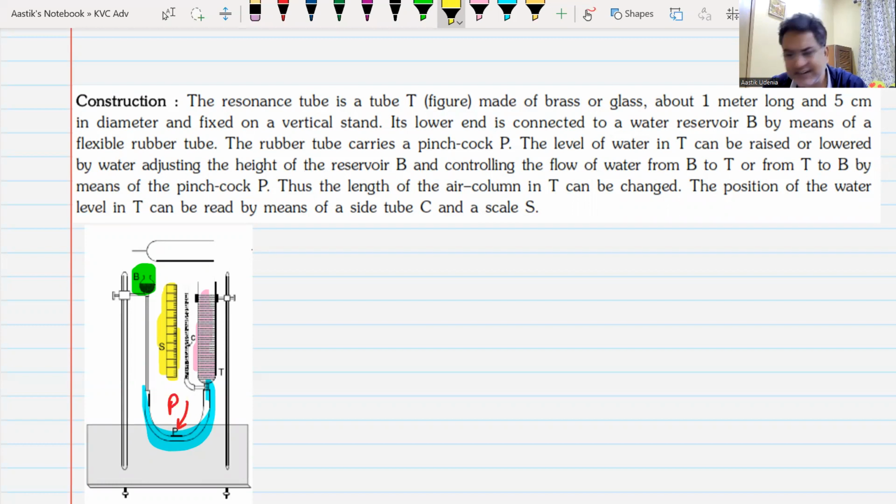You don't have to draw this diagram. What you have to understand is what happens after this diagram is drawn and from where the questions are going to come. So after this arrangement, what happens is this.